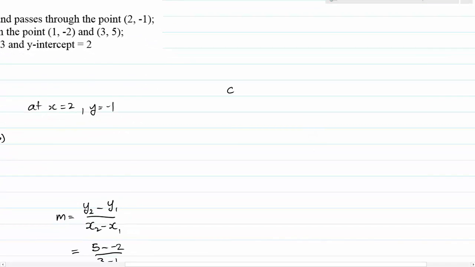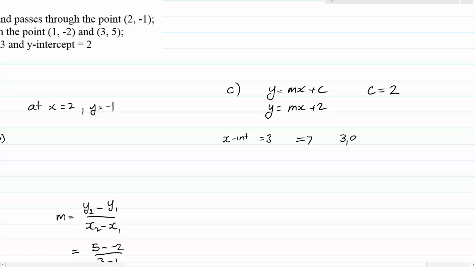So question C, y equals mx plus c, and I'm told that the y-intercept, which is c, is equal to 2, so I have y equals mx plus 2, and I'm told that the x-intercept is equal to 3, and that is this point here, (3, 0).